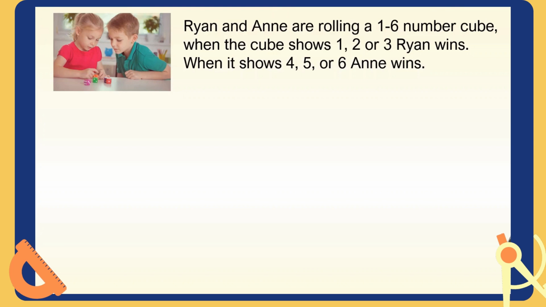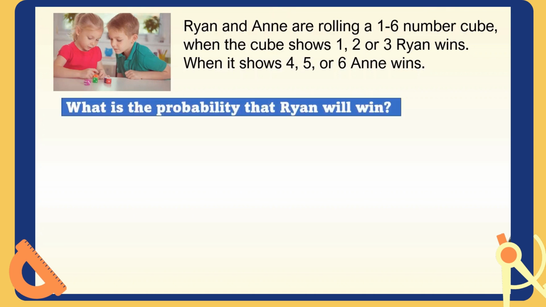So ngayon, sagutin natin ang mga sumusunod na tanong. What is the probability that Ryan will win? Ano ang tsansa ni Ryan na manalo sa laro? Ang tsansa niya ay 3/6. Kasi yung number 1, 2, and 3 ay tatlong number yan para kay Ryan.